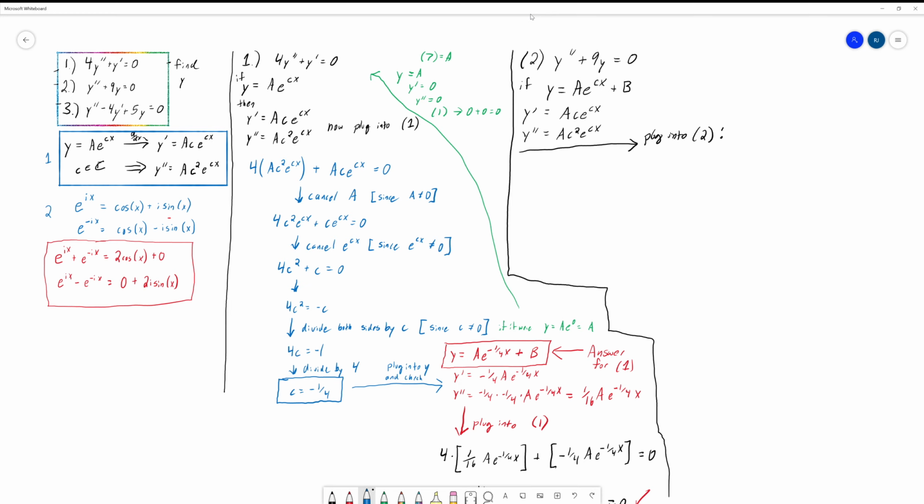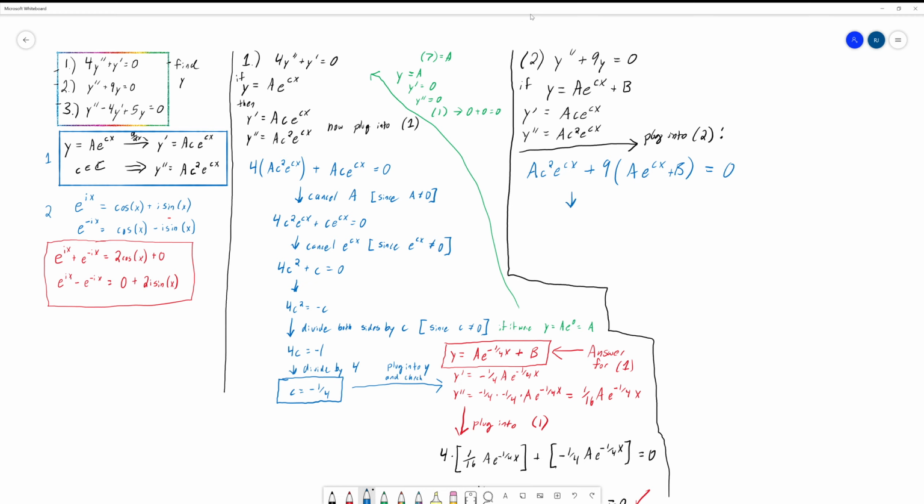We're going to get ac squared e to the cx. There is no y prime, but there is 9y, so plus 9 times y, which is a e to the cx plus b. Okay, and we know that this has to equal 0.